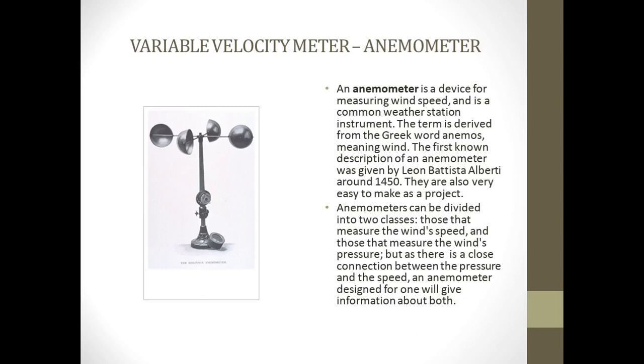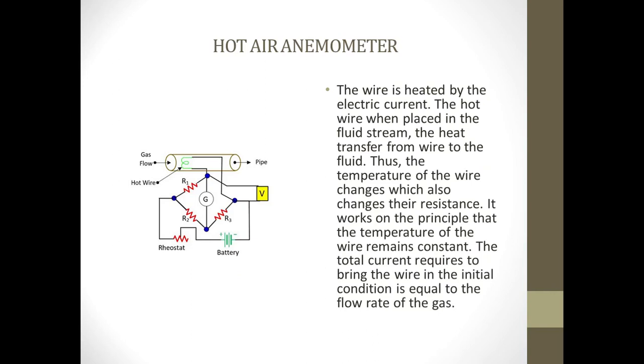Another type of anemometer is the hot wire anemometer. A hot wire anemometer is defined as an anemometer which has a hot wire resistant transducer and is used for measurement of flow rate of fluids.